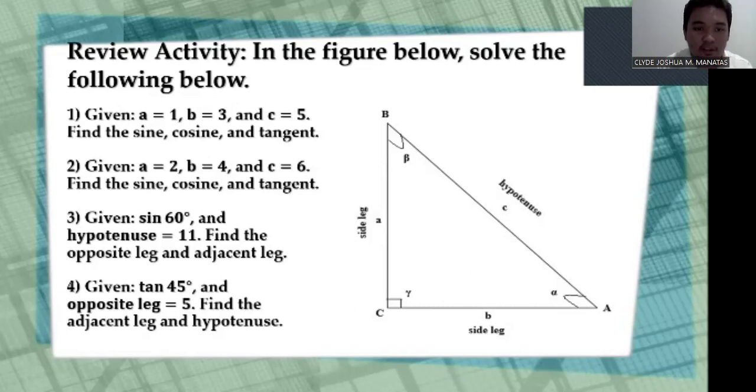So we use the Pythagorean theorem, and we have 11 over 2. So the adjacent leg is 11 over 2. Okay. Next, number 4. What is the adjacent leg?